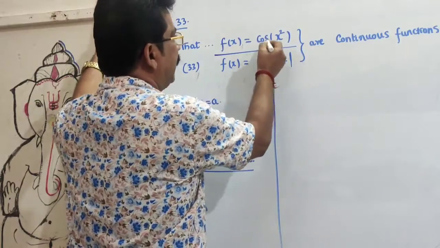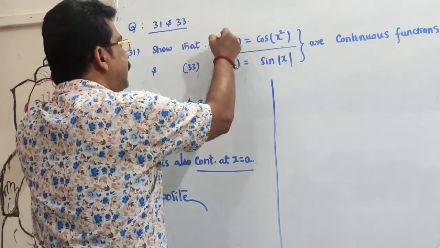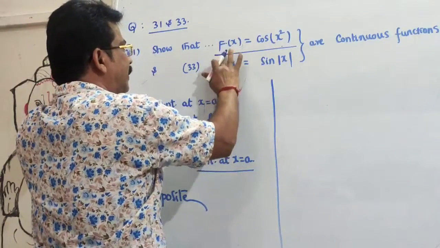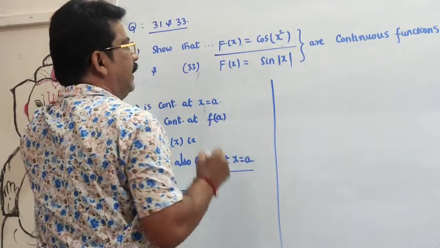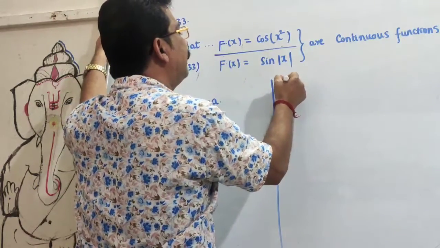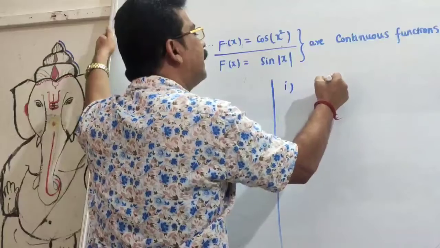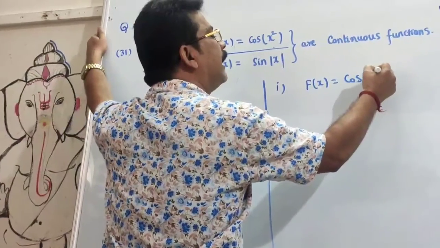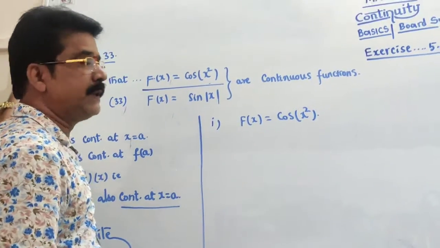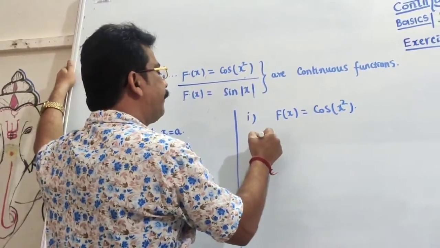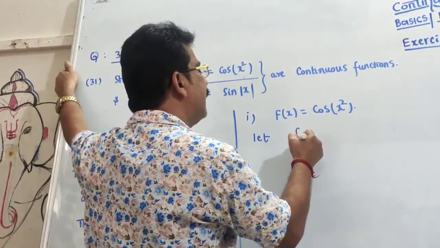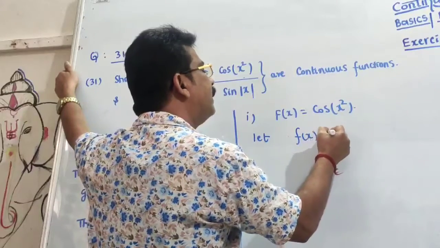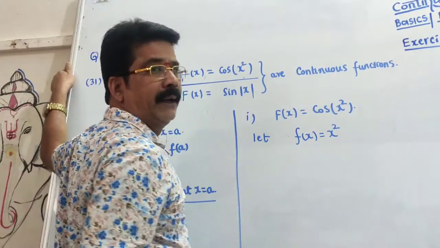So first one, it is capital f of x. Given that, first question, capital f of x equal to cos of x square. Here let first function f of x equal to x square.